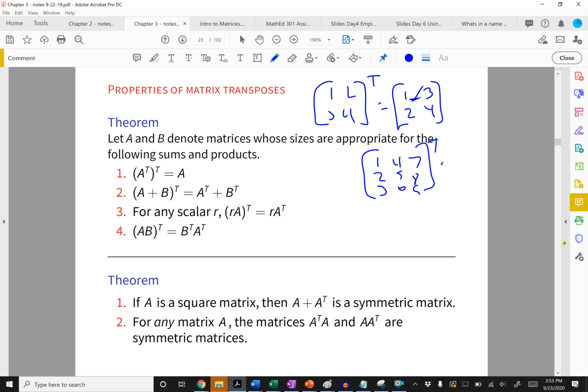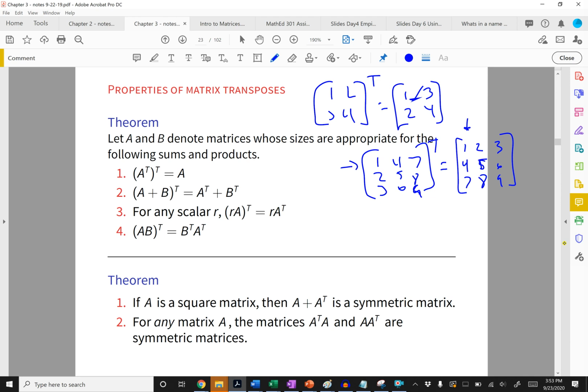The transpose is going to equal 1, 4, 7. So this row here becomes the first column, and then 2, 5, 8, and 3, 6, 9. So that's what the transpose is.